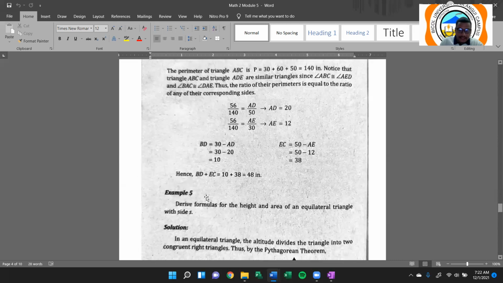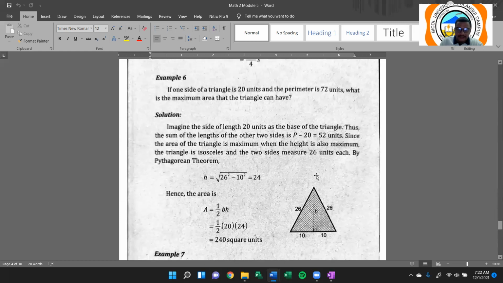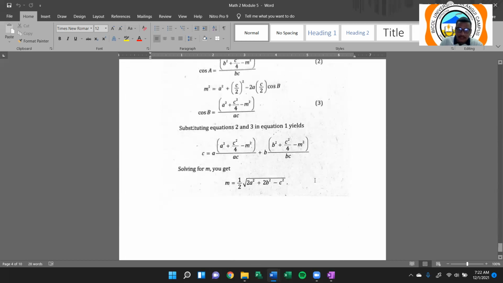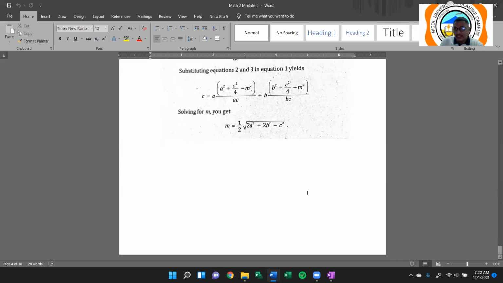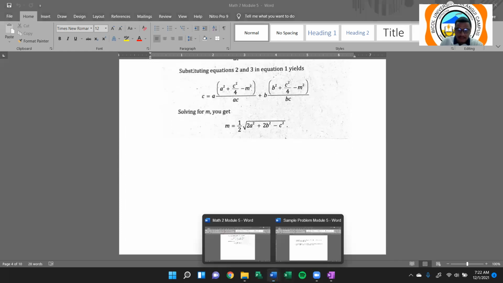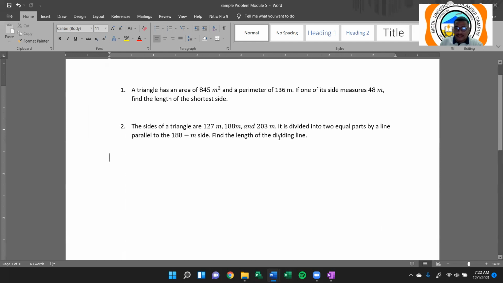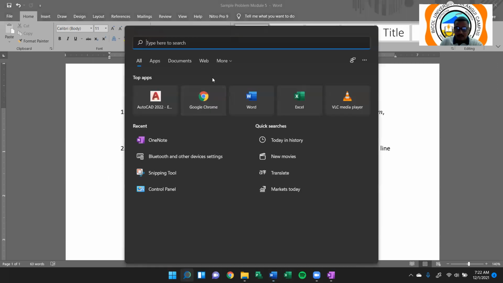Okay. So these are the sample problems. You can read this, class, and analyze. It's very straightforward. We have several problems that will help you understand how to use the formulas that I have discussed. But now let's solve some problems regarding triangles, using the formulas that I have mentioned in our module.